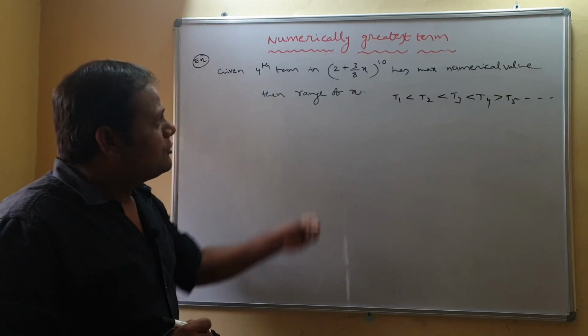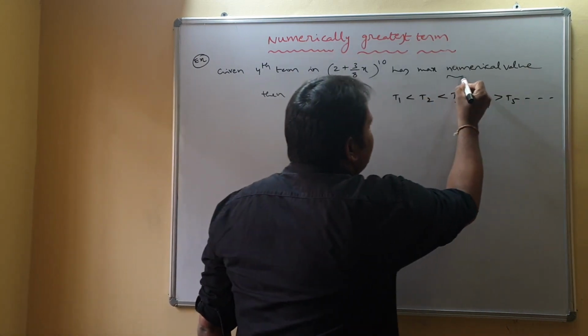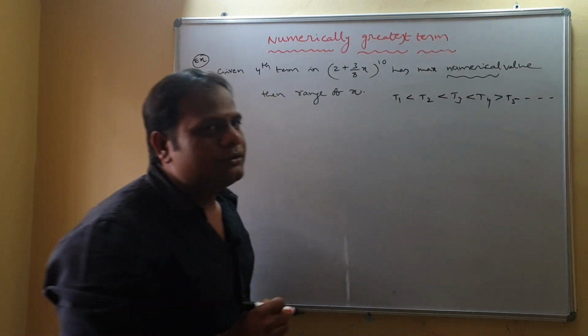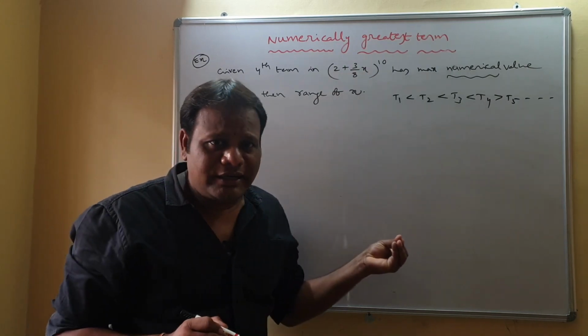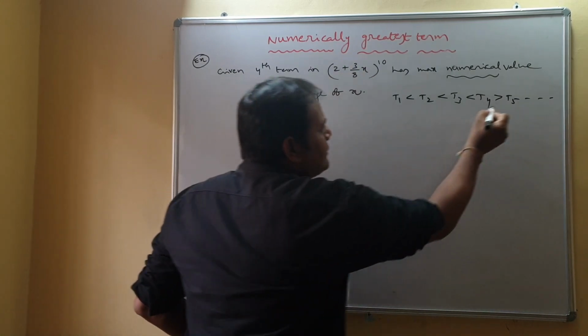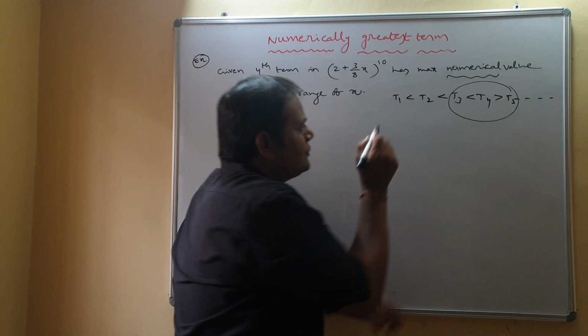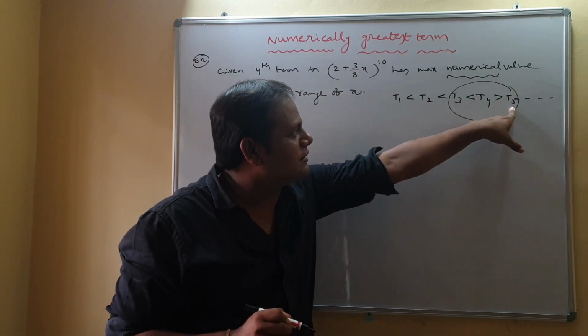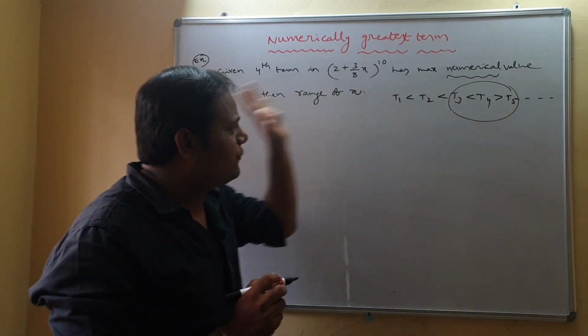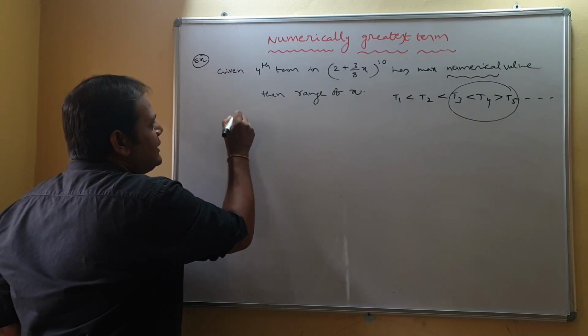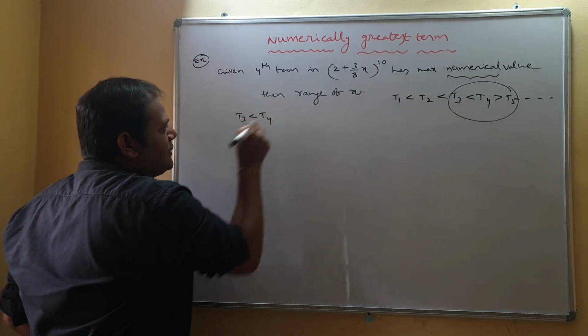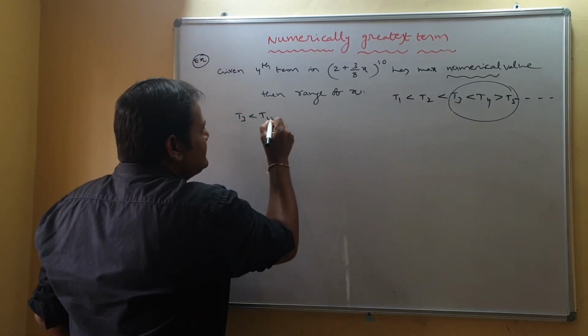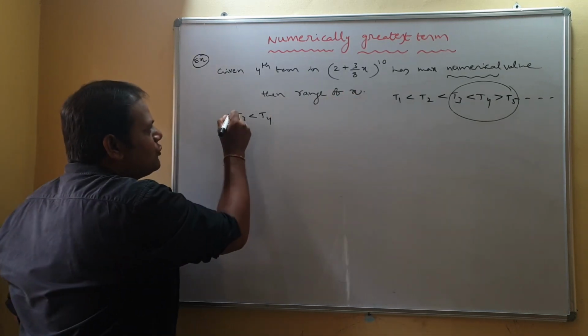But here they mentioned numerical, so you should take modulus for that. That's why here we have T3 less than T4 greater than T5. So from this I can write that T3 is less than T4, and here it is numerical. So we take what?